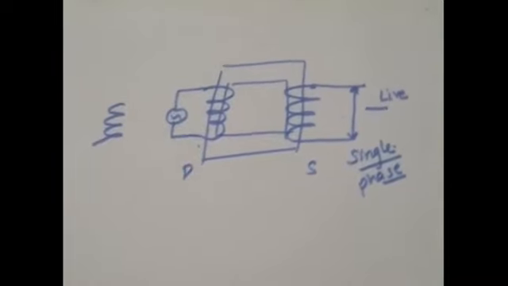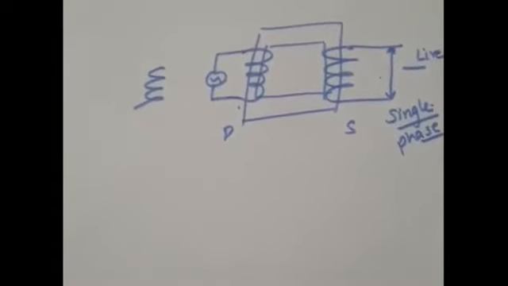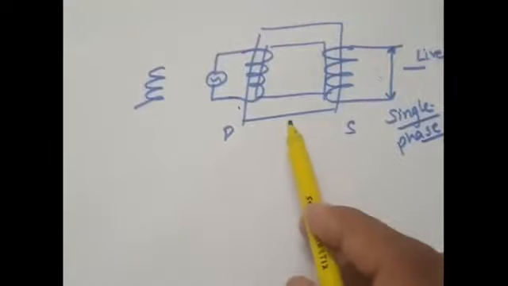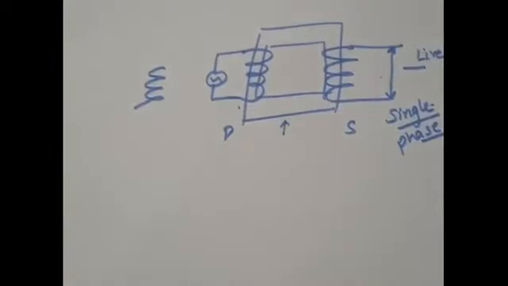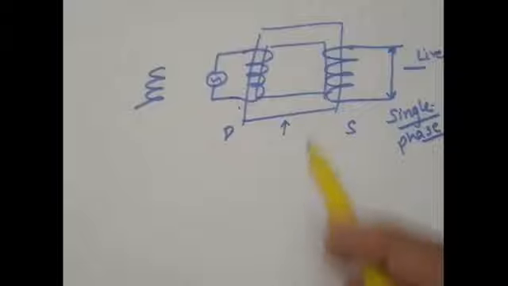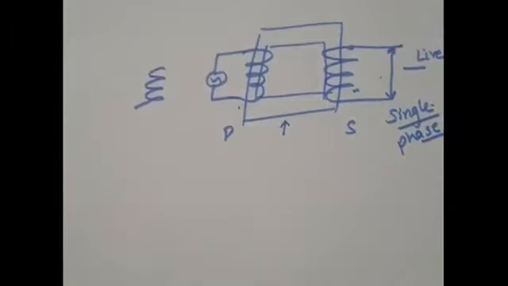If we talk about a 3-phase transformer, it can be made in two ways: either we join 3 single phase transformers to each other, or we make a 3-phase transformer with an arrangement in which we make 3 pairs of the windings.